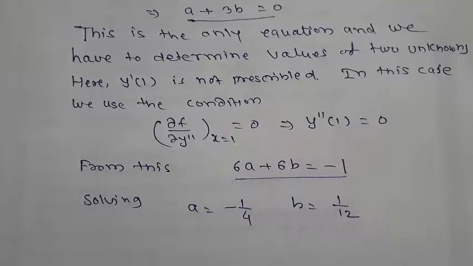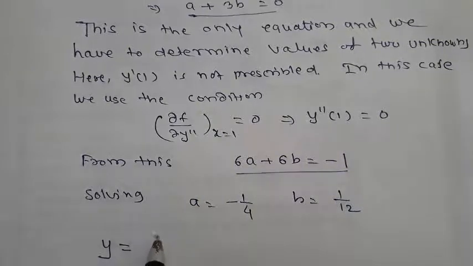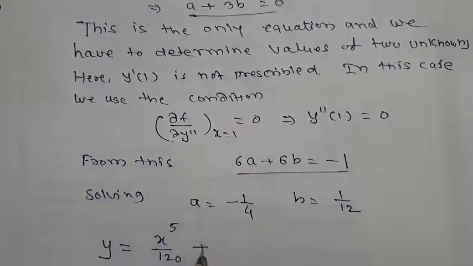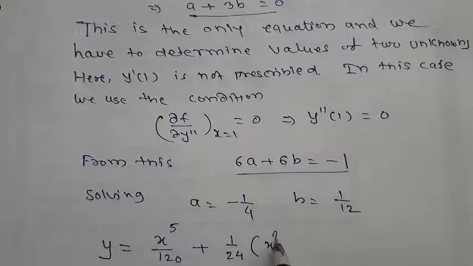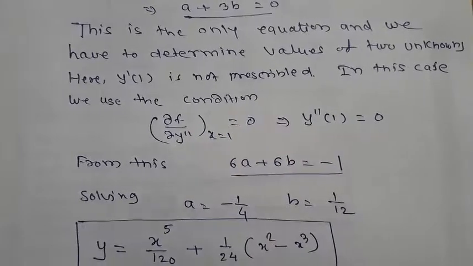Therefore, the required function becomes y equal to x raised to 5 by 120 plus 1 by 24 x square minus x cube. This is the required function which extremizes the functional.